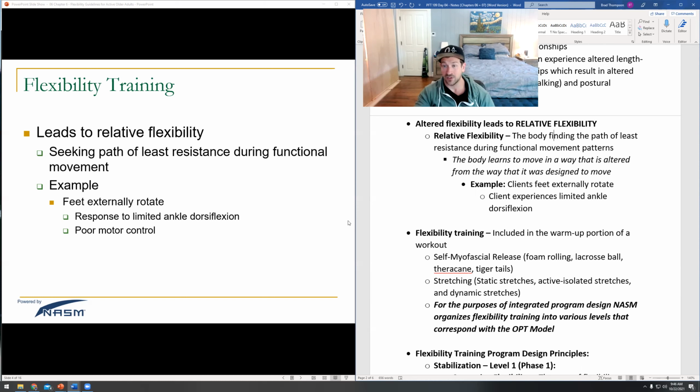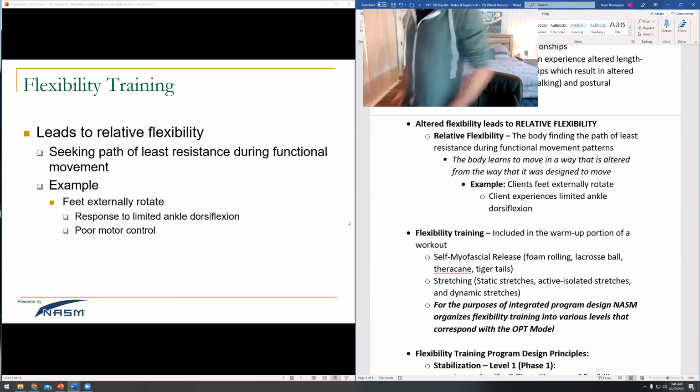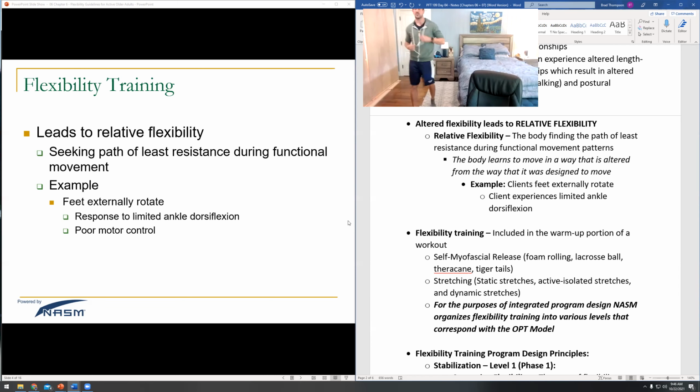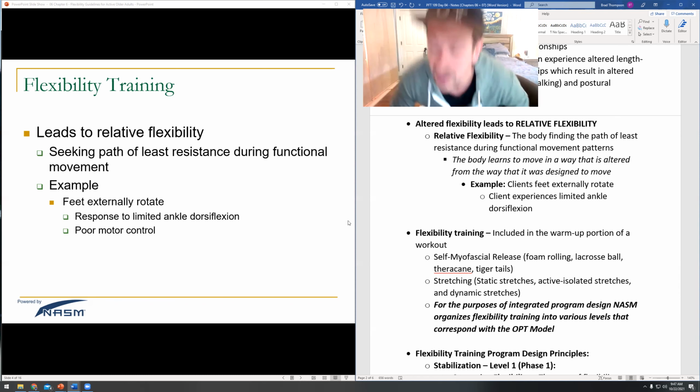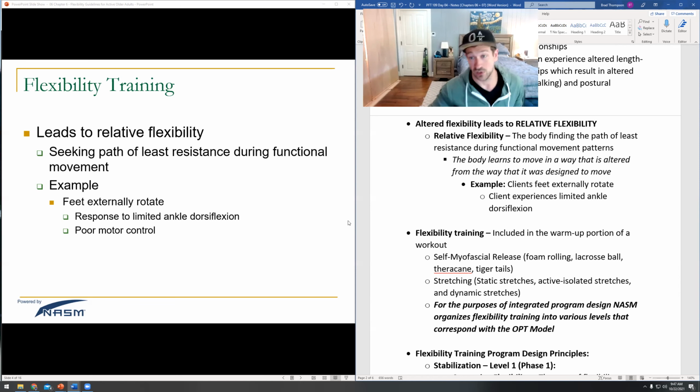But talking about relative flexibility, imagine somebody who's going to do a body weight squat. Ideally, they should have the flexibility to move through that range of motion. But let's instead say that they squat kind of like this. The reason their knees cave in is because certain muscles were so tight they didn't want to relax, and other muscles were so weak that they didn't contract properly.